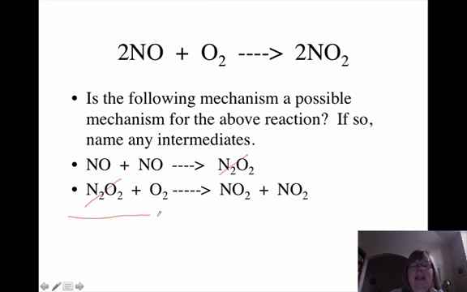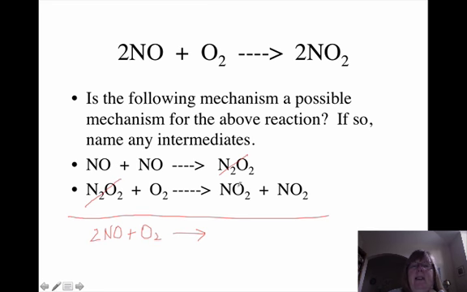Now we can add, I don't see anything else we can cross out. And now let's add these together. Now, what all do we have on our reactant side in these 2 steps? NO and NO, let's just add those together and say 2 NOs plus an O2. These NOs don't cancel because they're not on opposite sides of the reaction. They're both reactants. Okay.